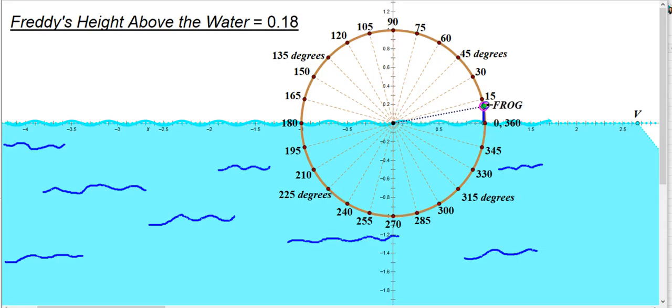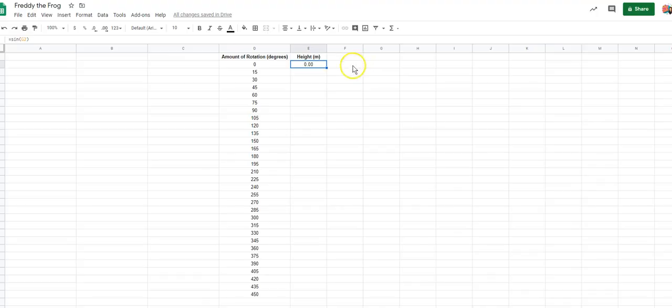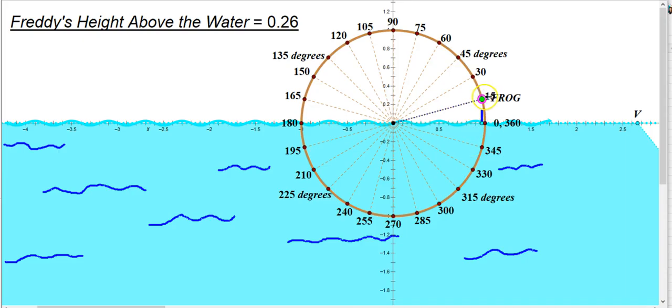Now if we were to rotate him 15 degrees and measured his height, then we would find out that his height is approximately 0.26. So in our table, we can say that after 15 degrees of rotation, his height is 0.26 meters.